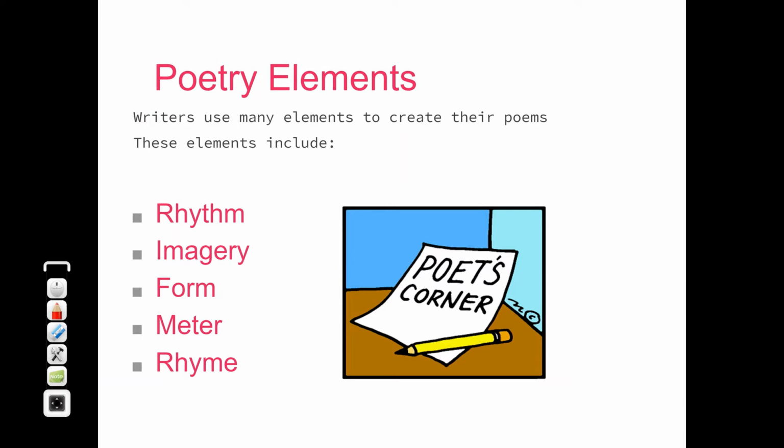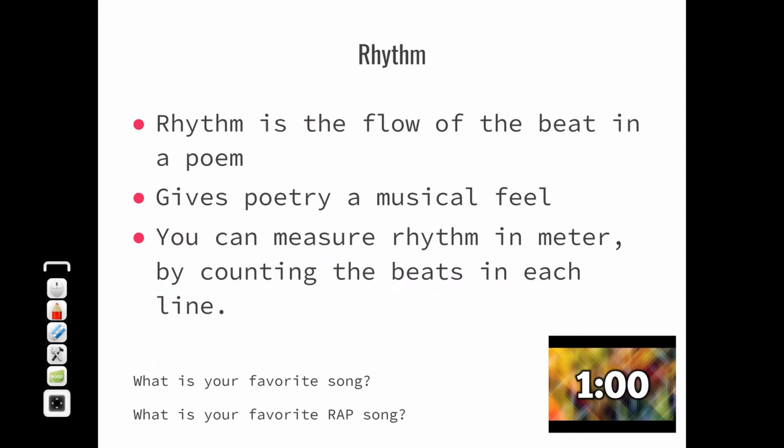Some poetry elements that you will need to know are rhythm, imagery, form, and meter, but you do not have to write this down because we will be going over them. The first one is rhythm, so go ahead and write down rhythm. You don't have to write down everything. After rhythm, you could just put this definition: it's the flow of the beat in a poem.